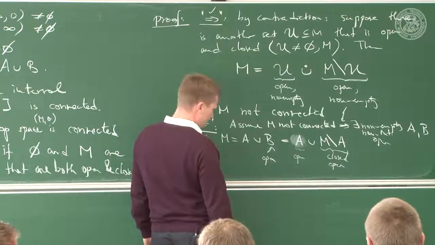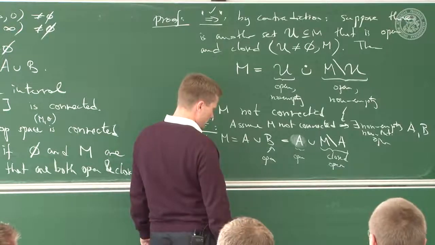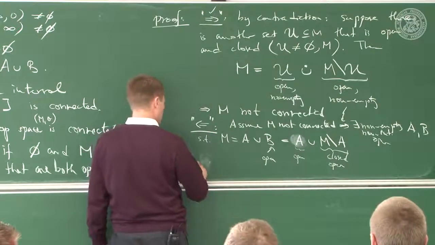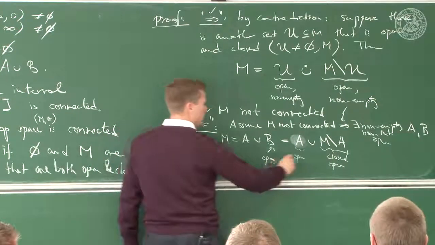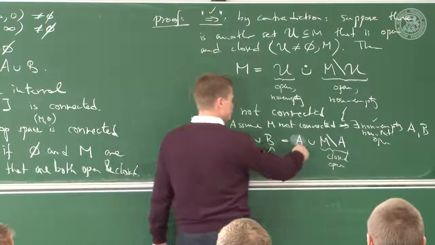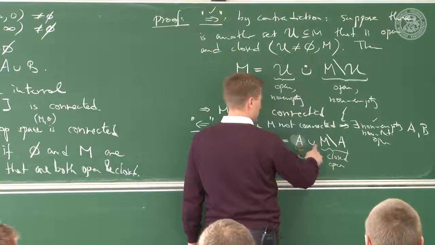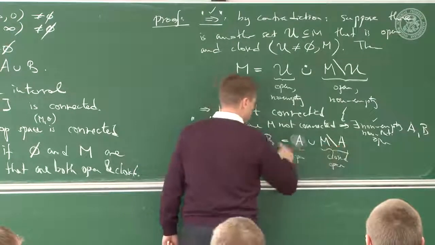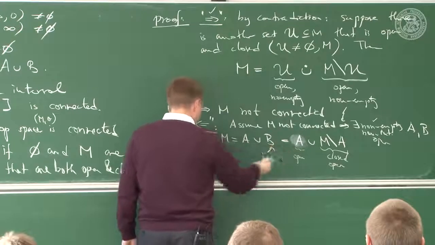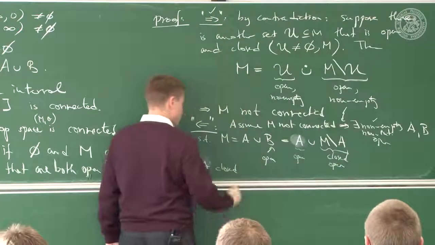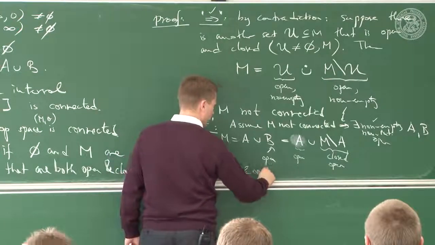And thus, A must be closed. Thus, we have a set A that is non-empty. It's not the entire set, because otherwise B wouldn't be non-empty, and it is closed. But it was open as well, so it's closed and open.